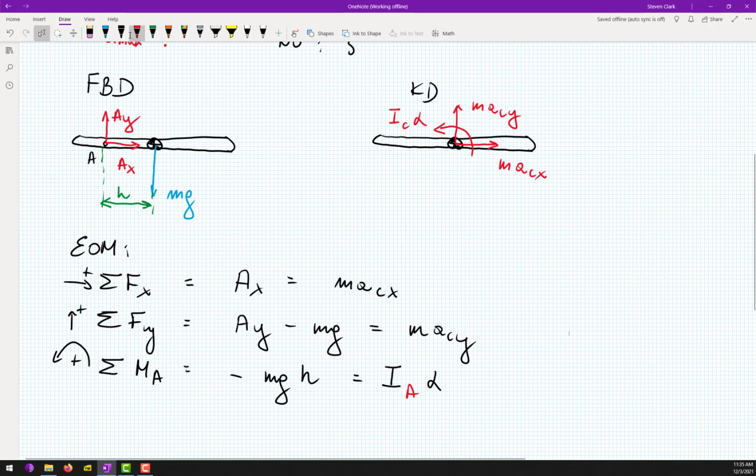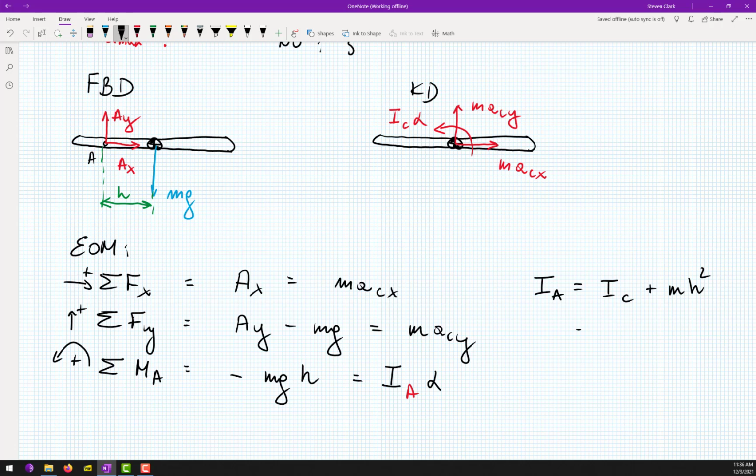Okay, so let's use Steiner's theorem to find IA. Sorry. Plus mh squared, right? Because this is Ic plus m distance squared.